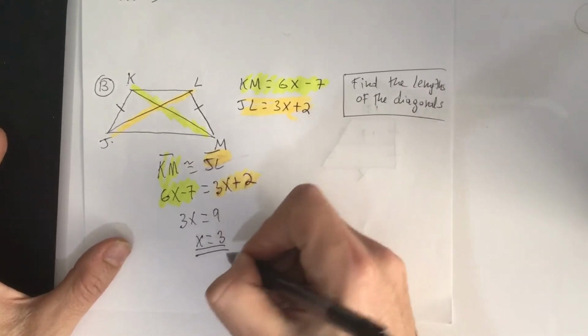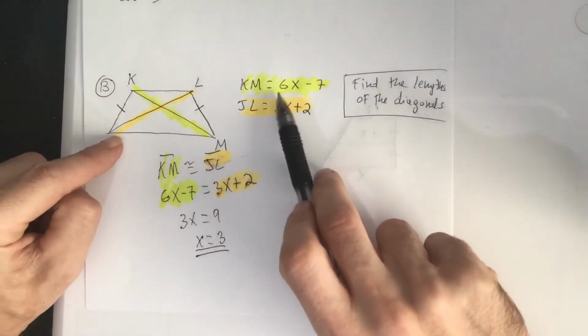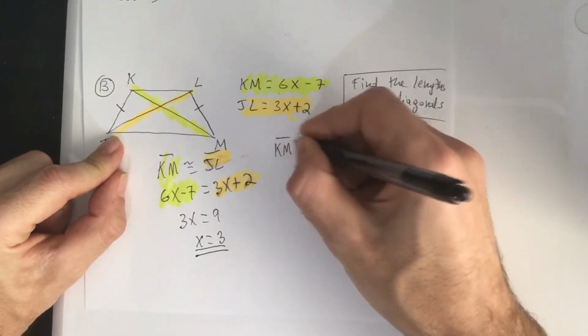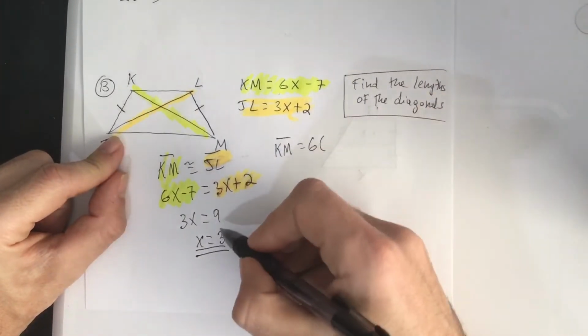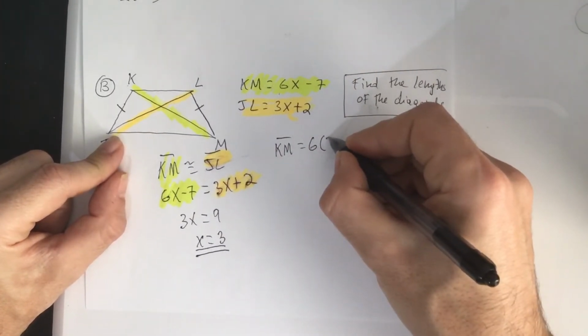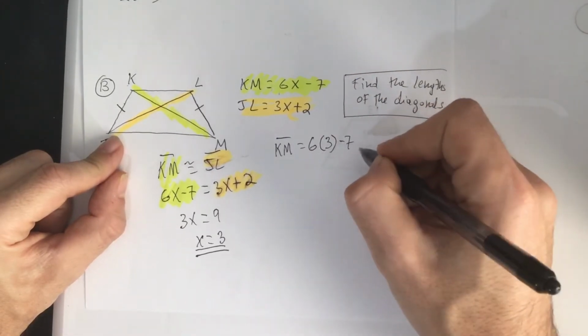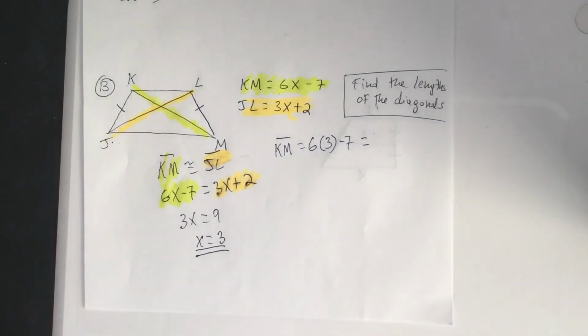Now, they are not asking for x. They're asking for the length of the diagonals. So we just plug in the x into each one of them. So if you want to find out what is KM, well, KM is 6 times 3 minus 7. And that will be 18 minus 7, that will be 11.